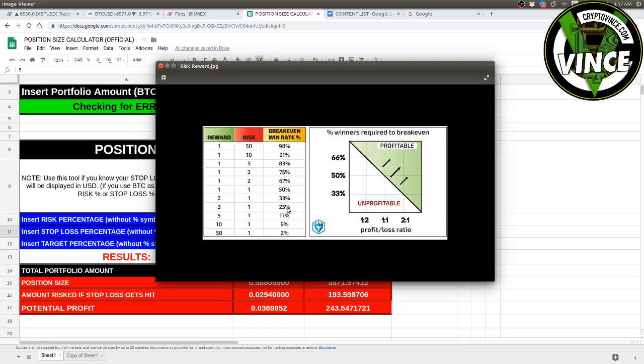What that means is that you can win 1 trade out of 4 to break even. So if you win 2 and you lose 2, you're already in profit. So you have to try to go above the number of winning trades.